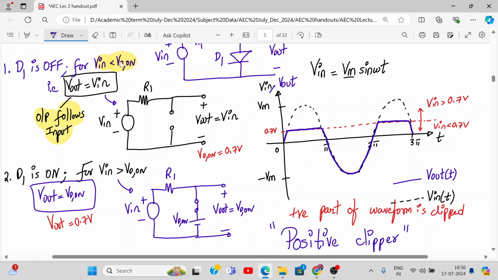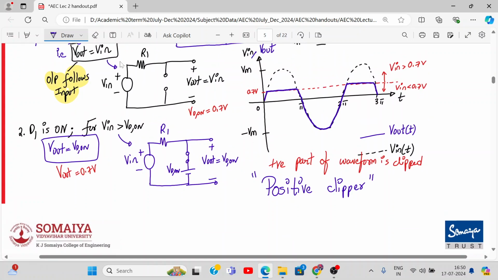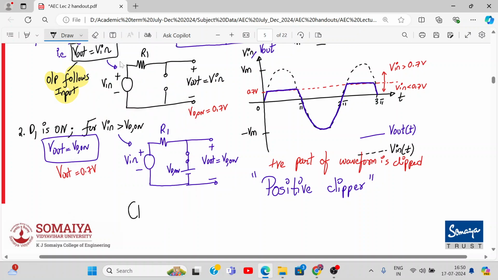So let's write down, till the time you have any doubt, the definition of a clipper circuit. So write down, everyone. Clippers.